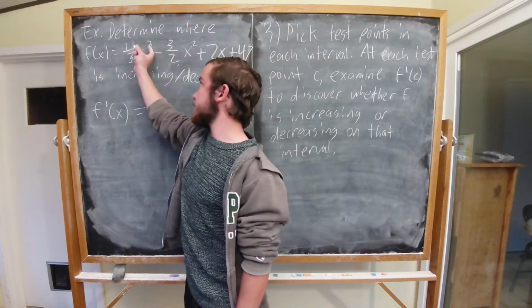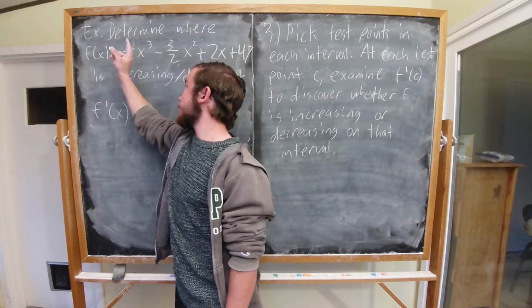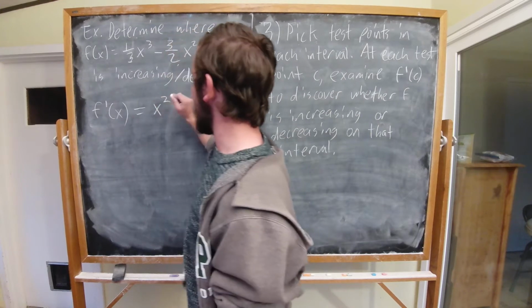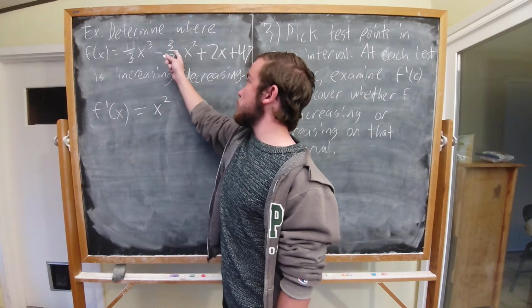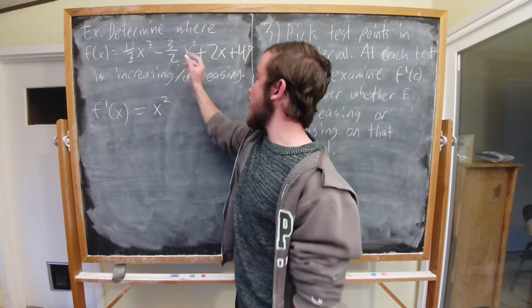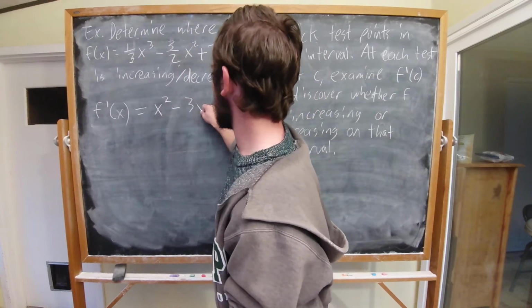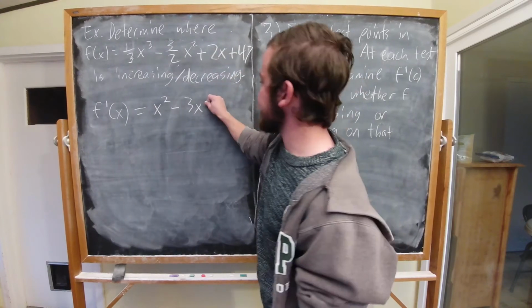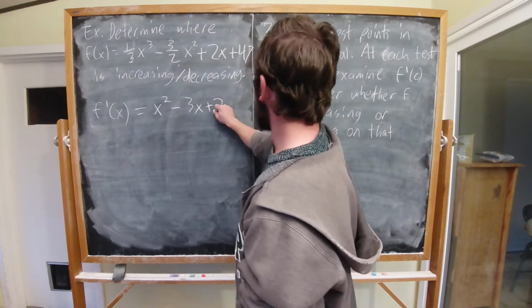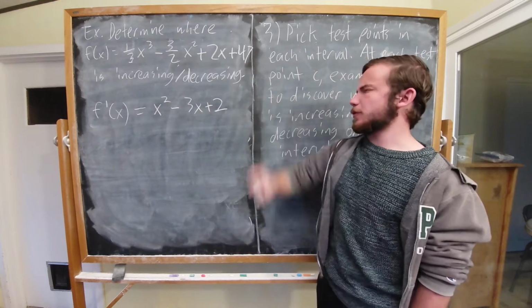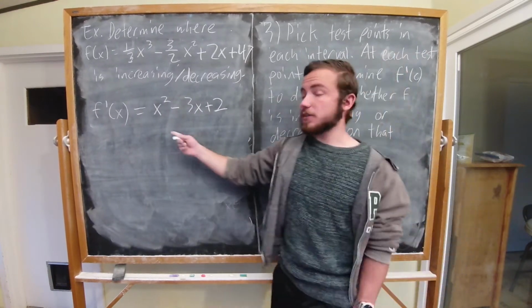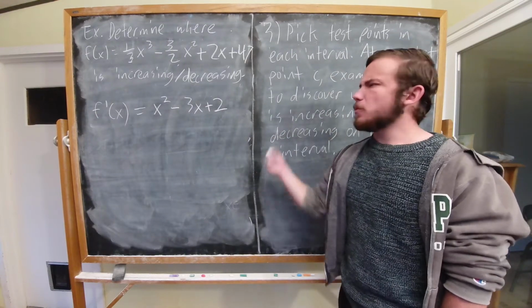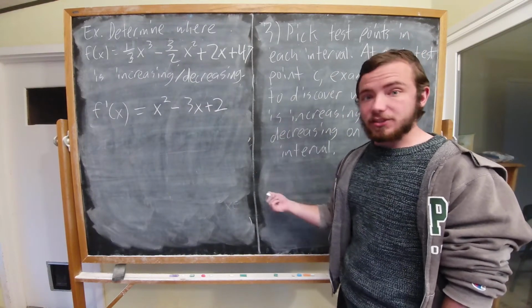By the power rule and the scalar multiples rule, this will be 3 times 1/3, so 1 x squared, minus 2 times 3/2 is 3 x to the first, plus 2 times x to the 0th, plus 2, and then the derivative of the constant is 0. So this is our derivative. That's simple. Now, step 2, we need to set that equal to 0 and solve.